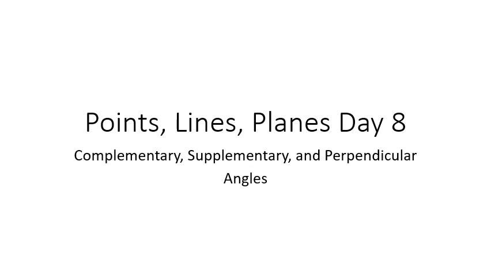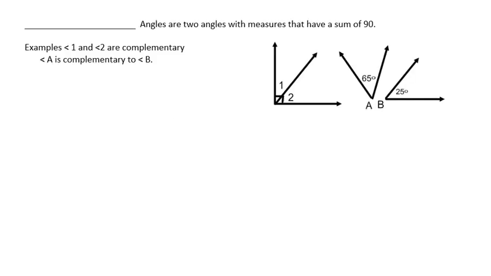Today we're going to continue to discuss angles by discussing some other types. To start, if we have two angles with measures that have a sum of 90, those are called complementary. I'm going to run out of room because complementary is a long word.